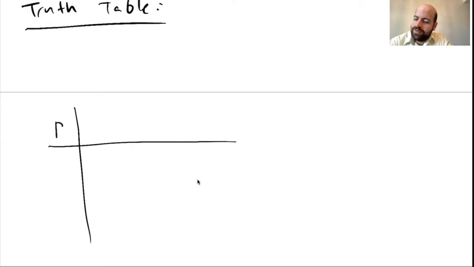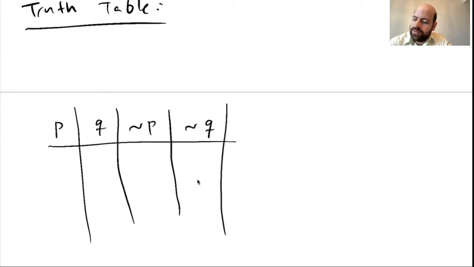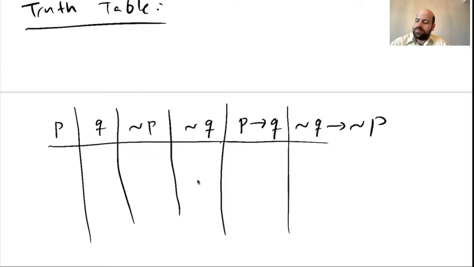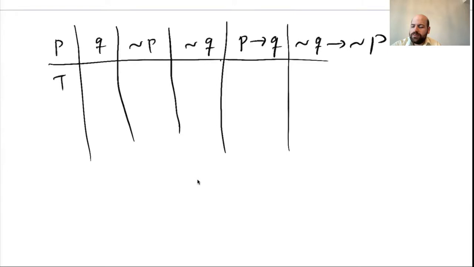You can see we have P, Q, negation P, negation Q, P implies Q, and also negation Q implies negation P. For P and Q we have true, true, true, false, false, true, and false, false.